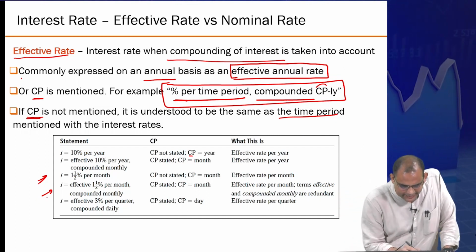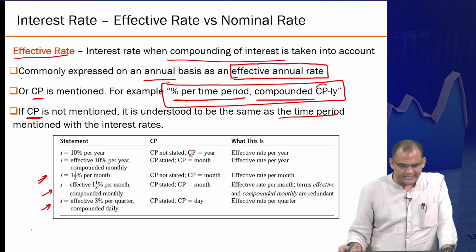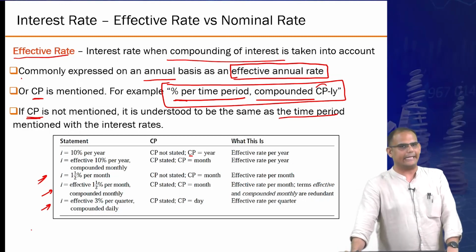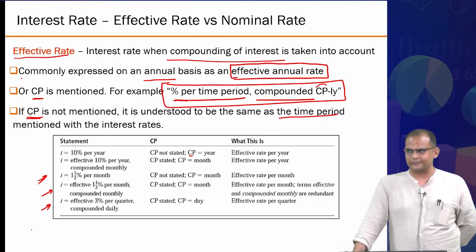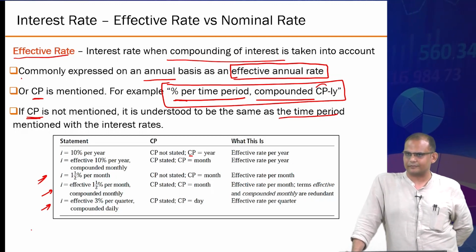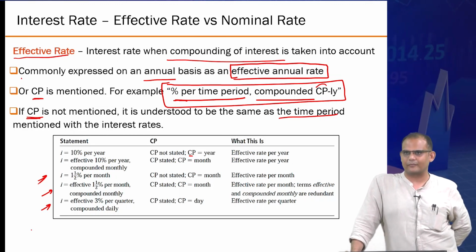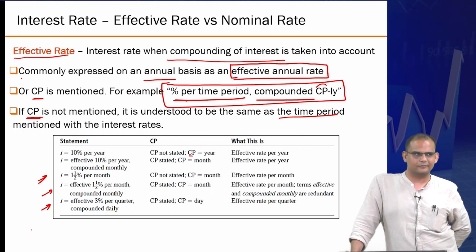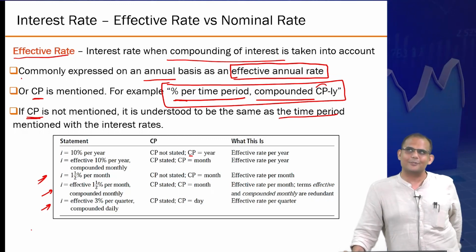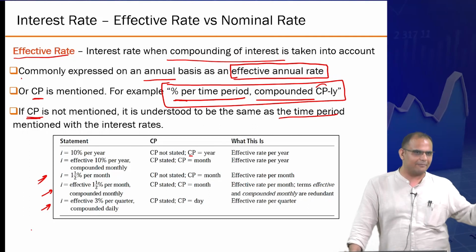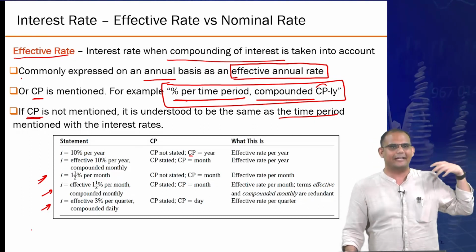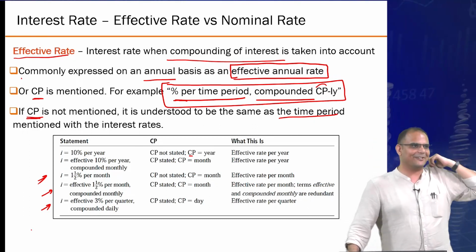Okay. Finally, effective 3% per quarter, compounded daily. What is T? And CP? What is M? Yeah, those kinds of problems will also come. Somebody will argue, sir, there are 365 days in a year, how do you divide them evenly over a quarter?